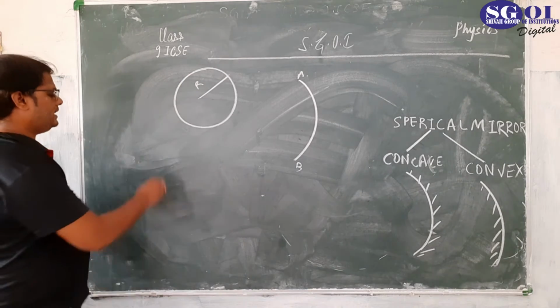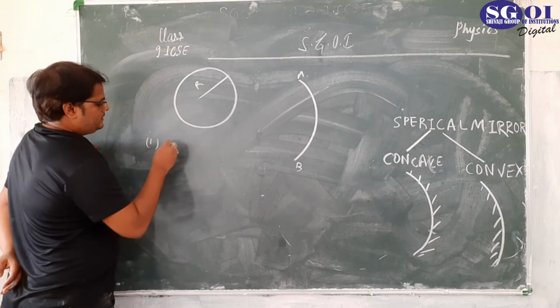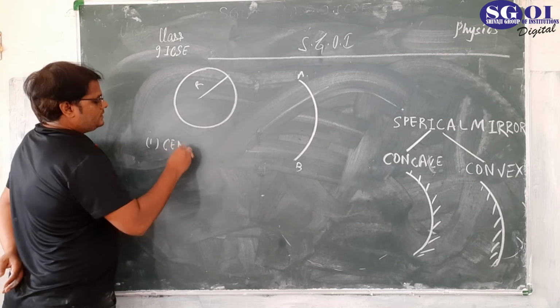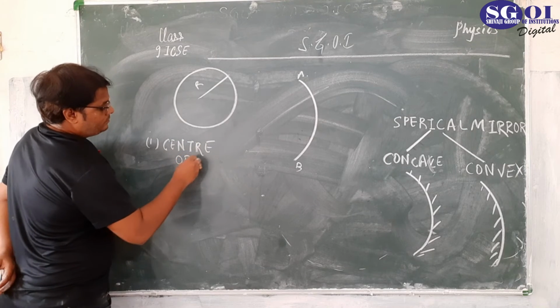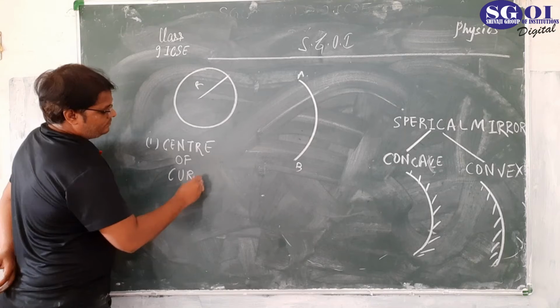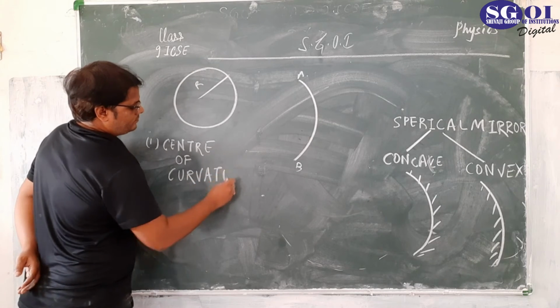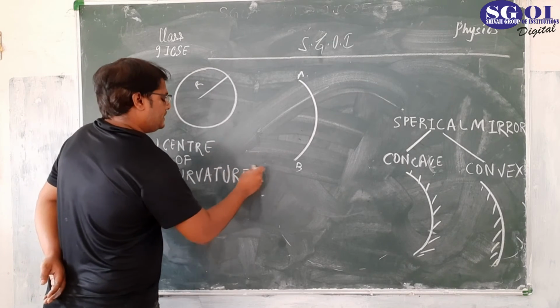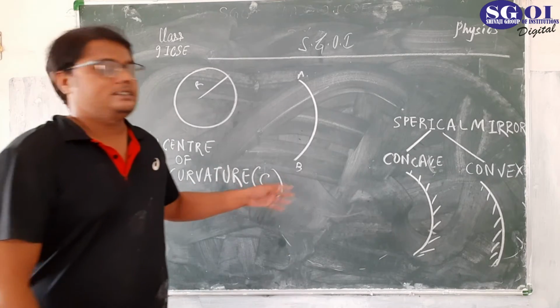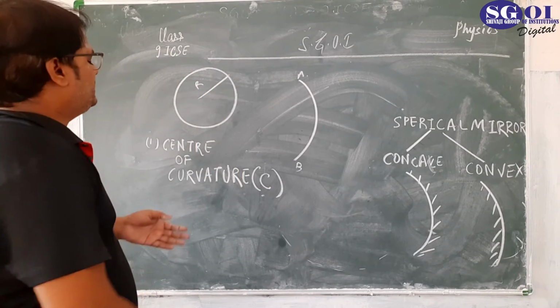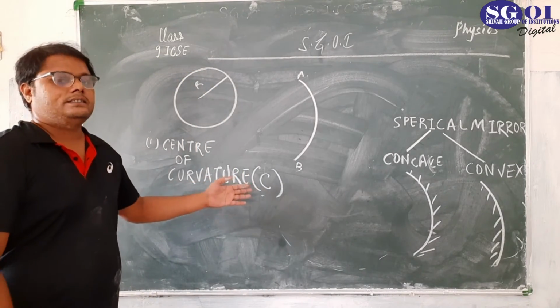So the first term that comes is center of curvature, and it is represented by the letter C. That should always be capital. Center of curvature is represented by capital letter C.